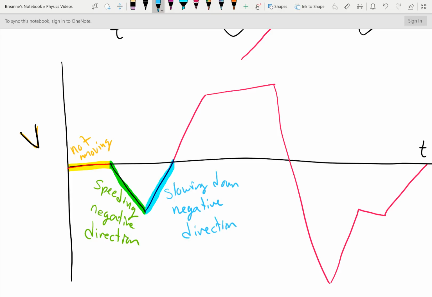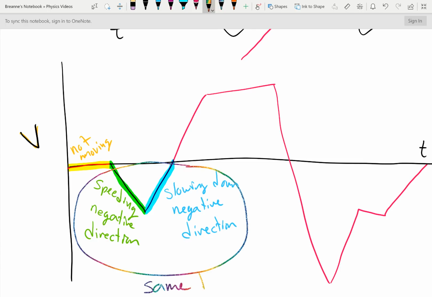You were not moving, so you started speeding up, then you started slowing down. So all of this, you are still moving in the same direction. You've just sped up and then slowed down.